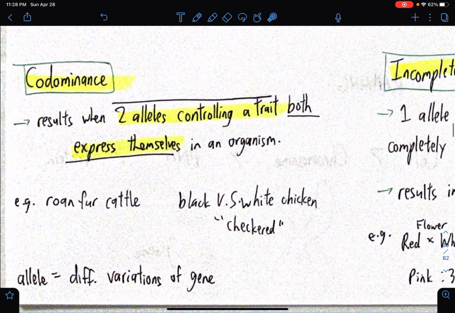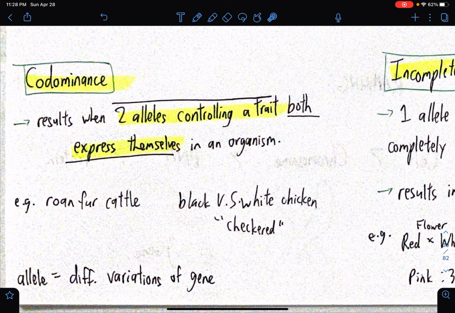Let's talk about codominance. Codominance results when two alleles controlling a trait both express themselves in an organism. In the example I talked about in the previous video, it was about chickens, I remember. If you cross a black and a white chicken, there's a chance for the offspring to have a checkered color.